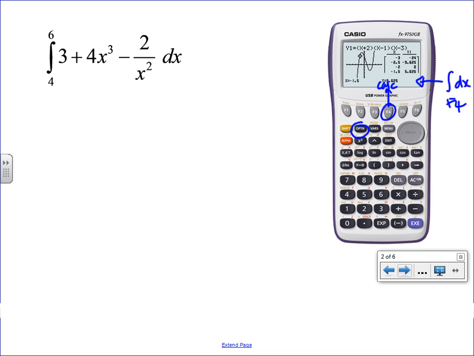So if you press F4 to get the integral dx, then you can type in this function.